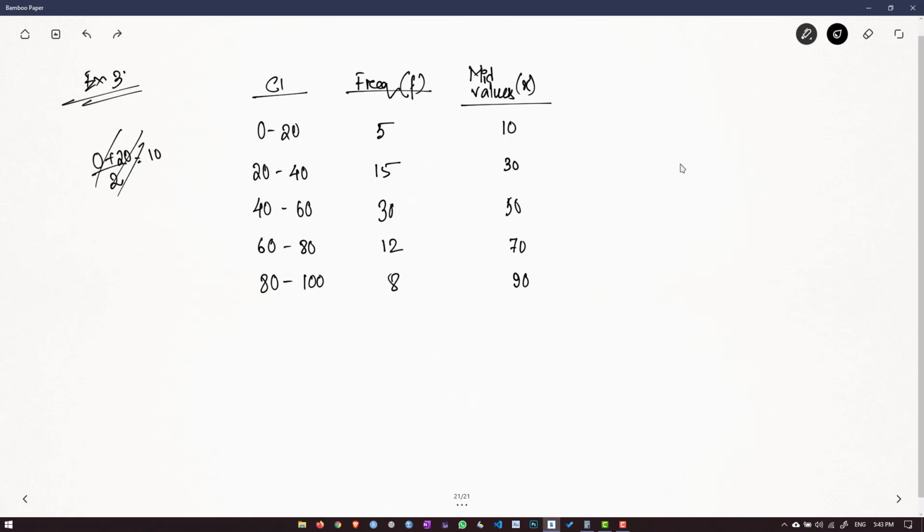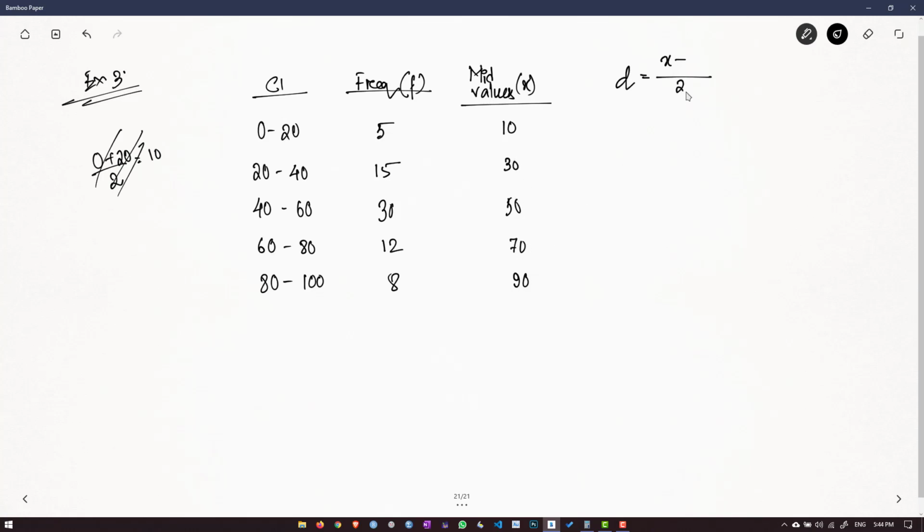So for that we will create a new variable, a new set of numbers called D, right? D will be X minus a constant value divided by a constant value. Now see here the gap between all of them is 20, 20, 20, 20.